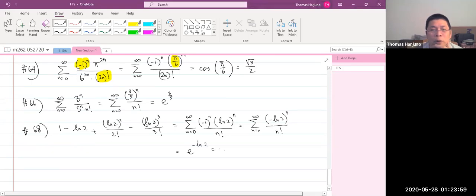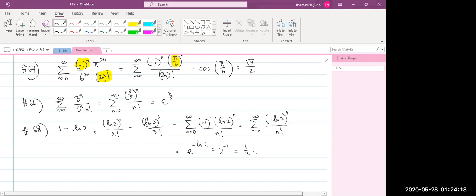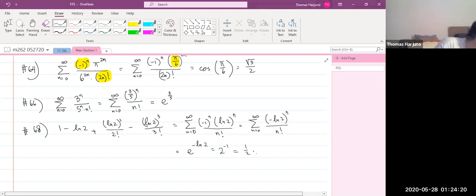That's 2 to the power of negative 1. So this is 1/2. That's number 68.